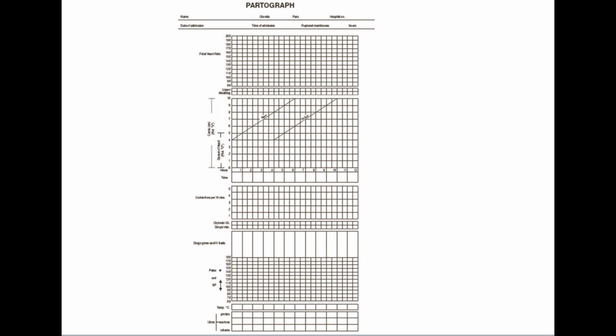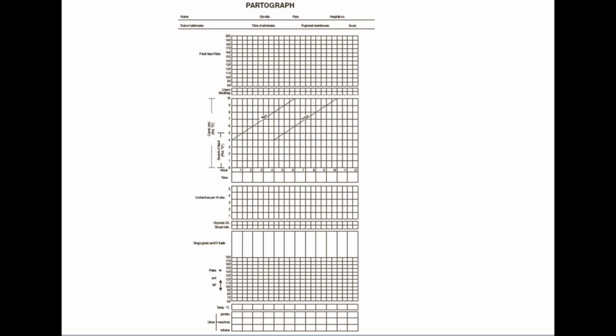And the molding is the one which is below the liquor. We will not do the molding unless we have done a VE, or vaginal examination. The molding can be from 0 to +3. If there is no molding, we will put 0.